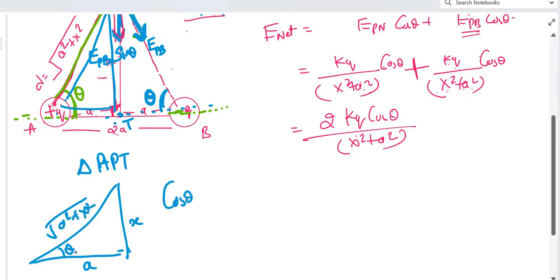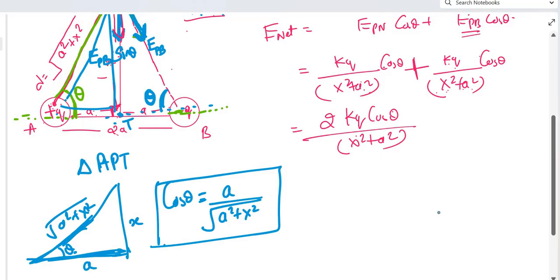So what will be cos theta? From this triangle we can take it. Cos theta is base by hypotenuse. That's how we do it. It will be A by the square root of A square plus X square, because it is base by hypotenuse. Yes or no? So what should we do now? We got cos theta. What should we do now to calculate E net?